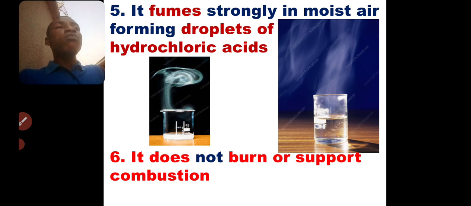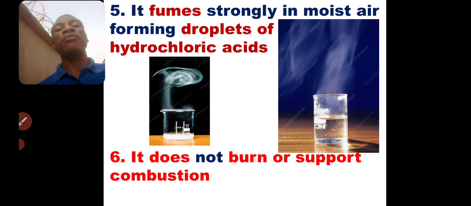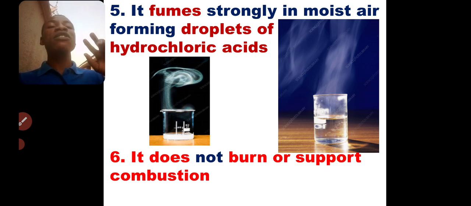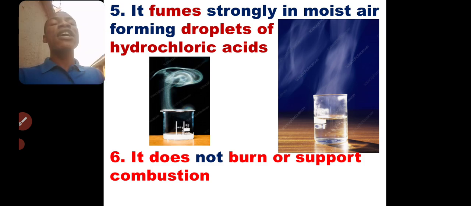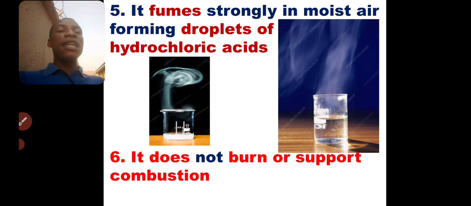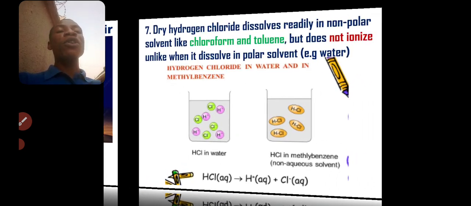So when you open the gas jar of hydrogen chloride gas and the air around contains moisture, because HCl is highly soluble in water, the fumes of the HCl gas will dissolve inside the moisture of the atmosphere and drop back to the earth as hydrochloric acid. That's why you are seeing those droplets there, those white fumes. Then it does not support combustion, and it neither burns.